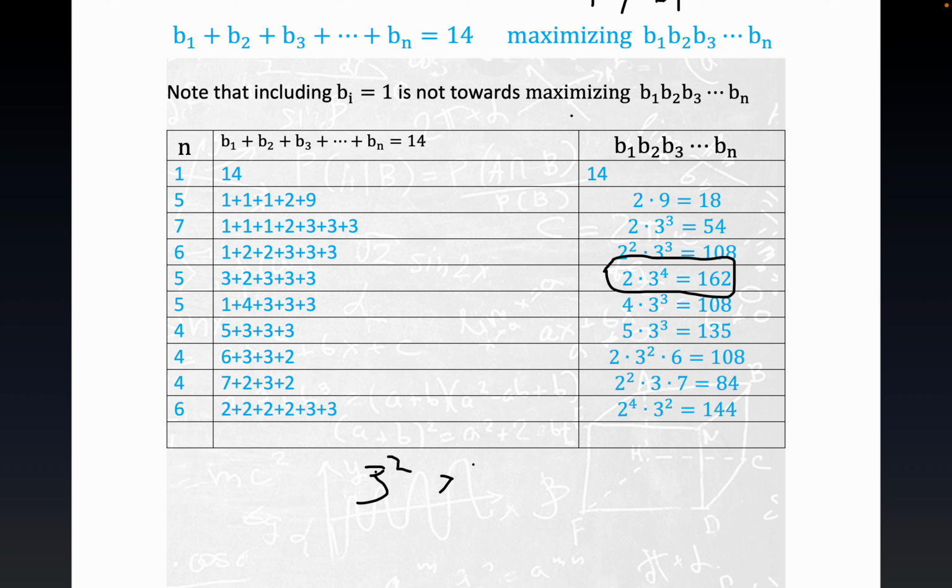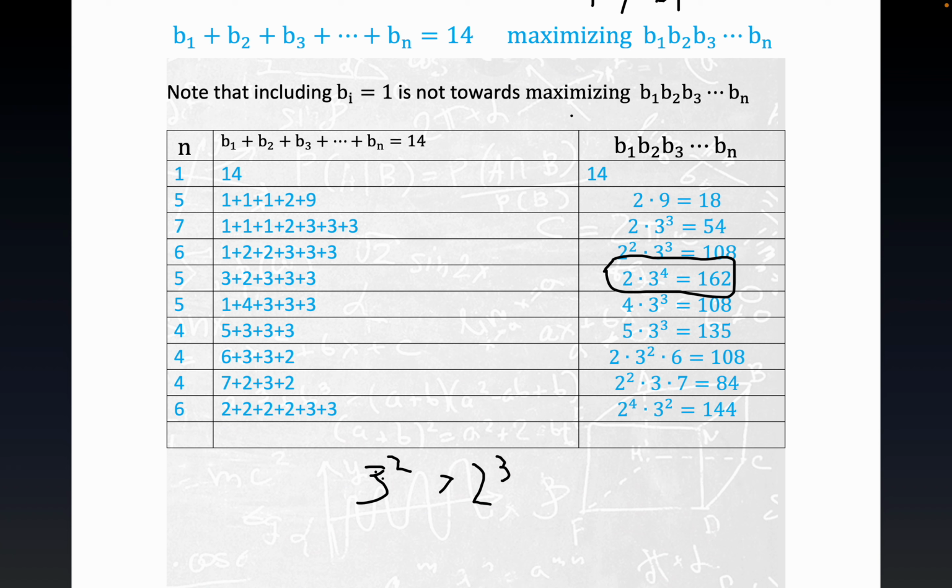But something that simple, I think, is kind of at the bottom of all of this, believe it or not. Okay? See, 3 squared gives you 9. This gives you 8. But this is three 2s in the product, right? This is only two 3s in the product. So again, I think this is almost everything right here, I don't think there's much else to say. 9 is greater than 8, right?